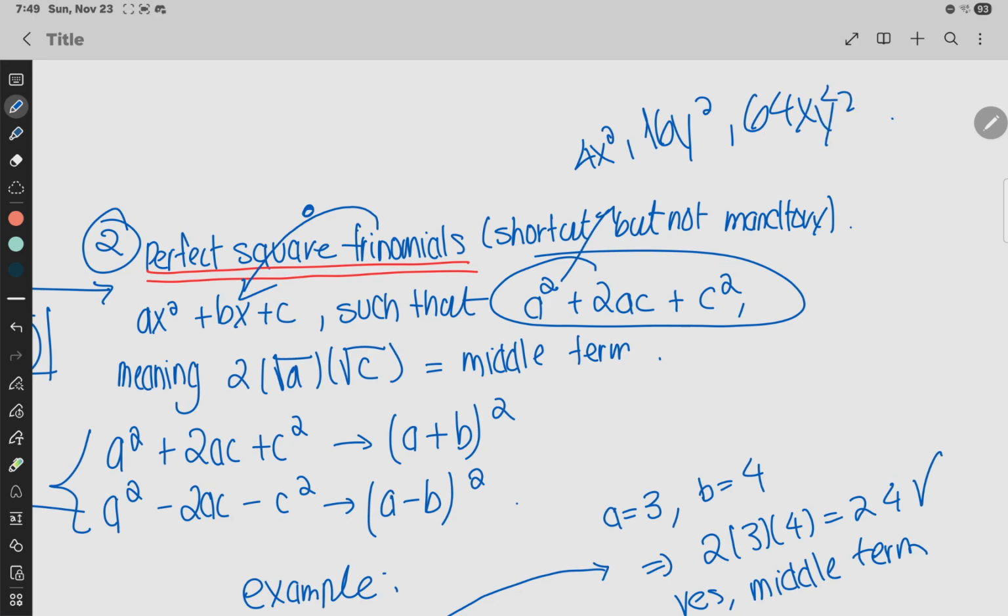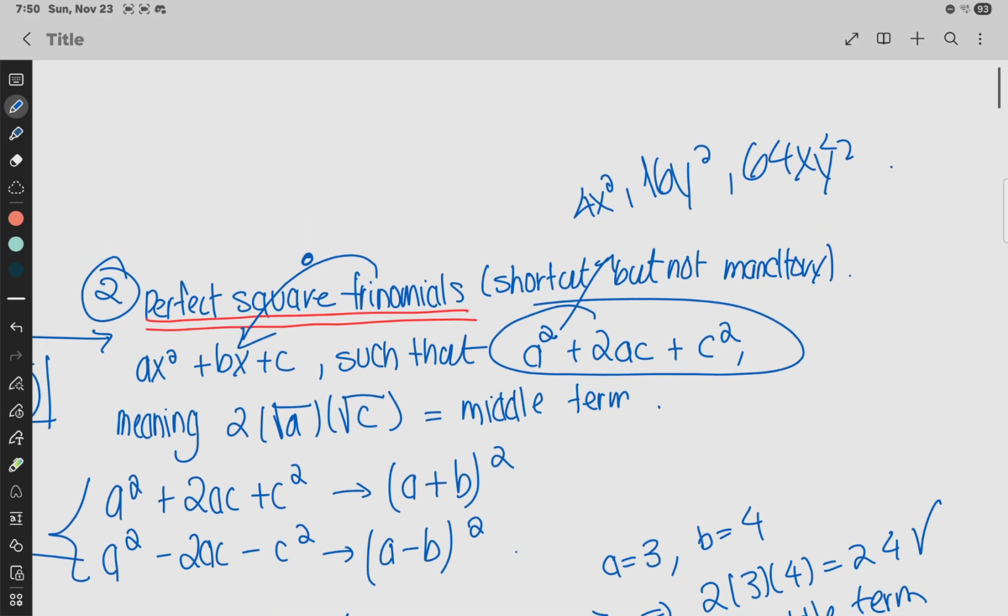X squared, y squared. Okay, so it's essentially a perfect square coefficient in front of a perfect square variable.